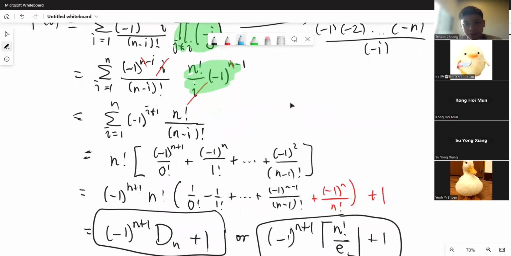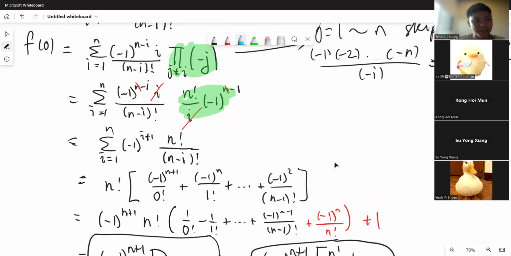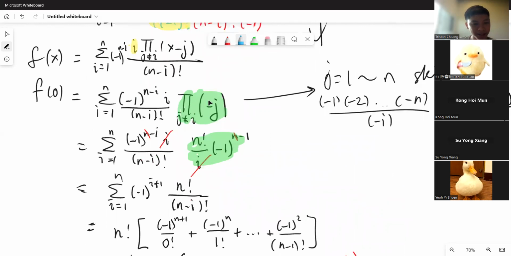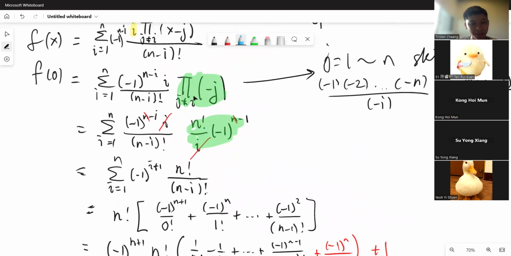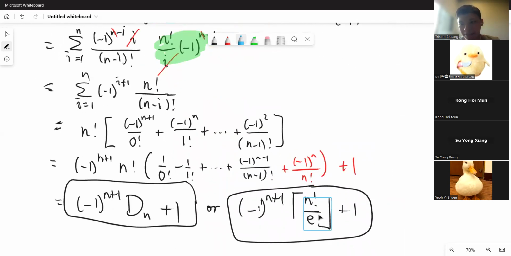Maybe next time somebody will talk about sums and products in more detail. Oh yeah, this F0. I think F_n is something similar. Like F_n, I think you don't have this -1 term anymore. And I think in the end you will get something like n factorial times e.